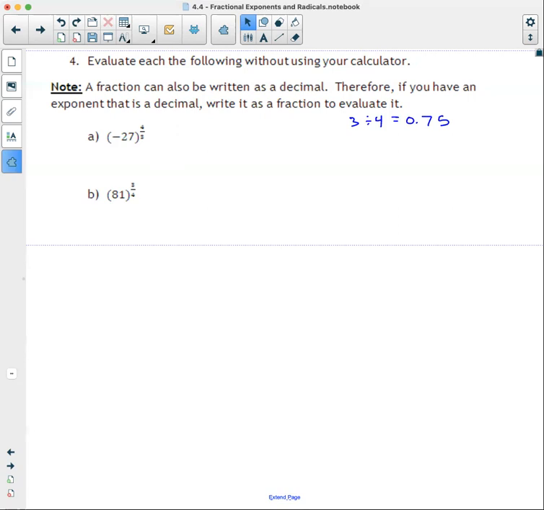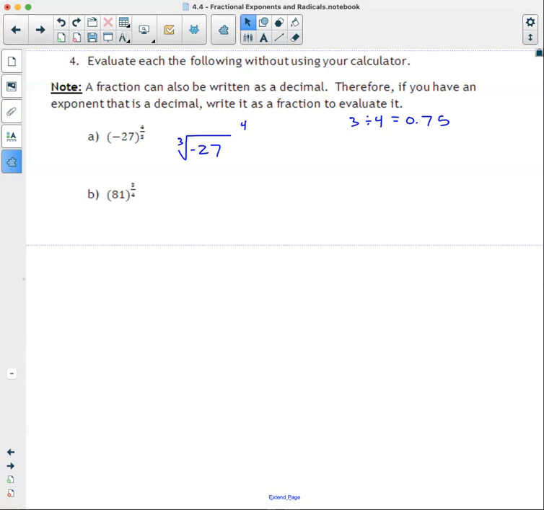So here we are. So we have -27 to the exponent 4/3. So we are taking the cube root of -27 to the exponent 4. Okay, I'm going to take the cube root of 27 first, and then raise that to the power 4.